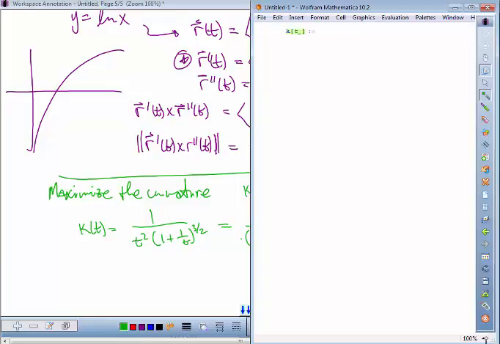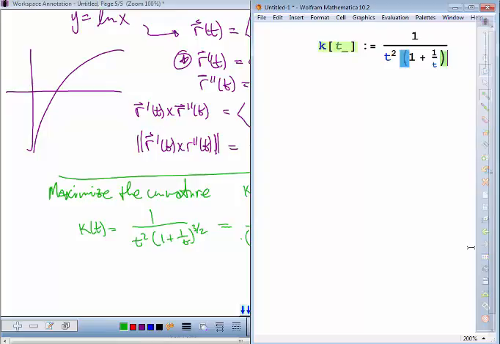So my kappa is equal to 1 divided by t squared, 1 plus t to the, I guess that's 1 over t, halves power, t squared.